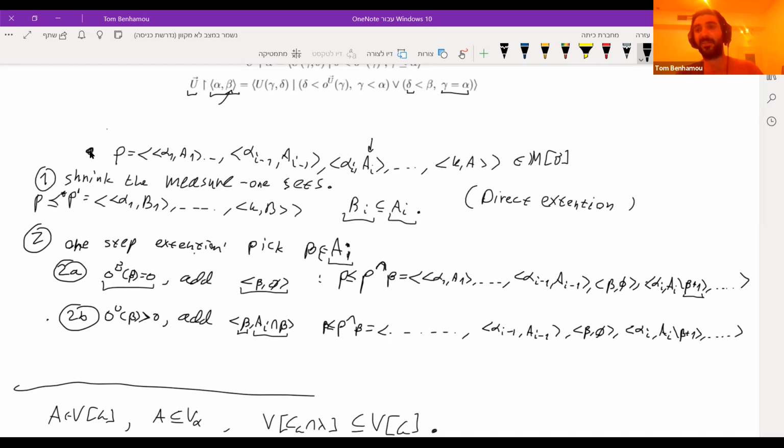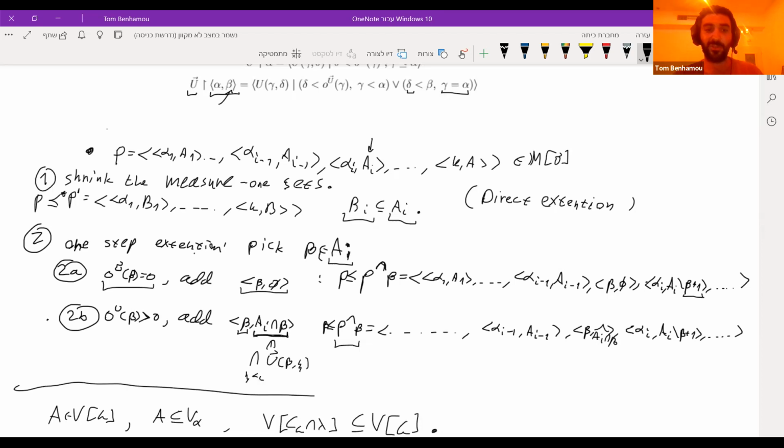So we cut the set of candidates at beta. This is AI intersection beta. And of course, if you would like it to be a legitimate condition in MU, we must require that this set is of measure 1 with respect to all the measures on beta.